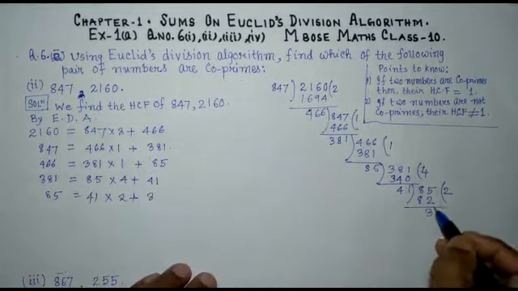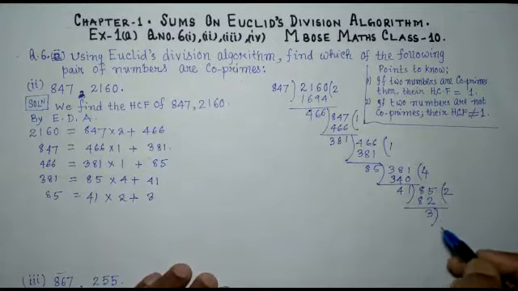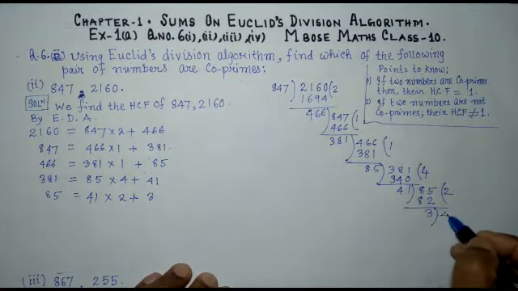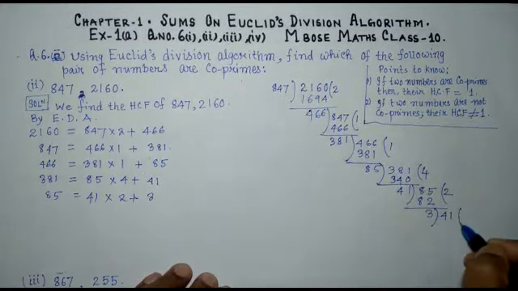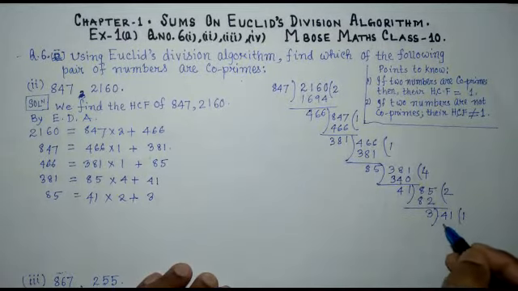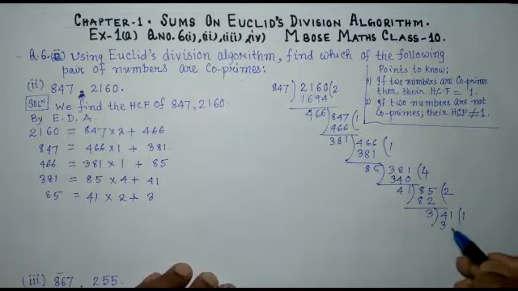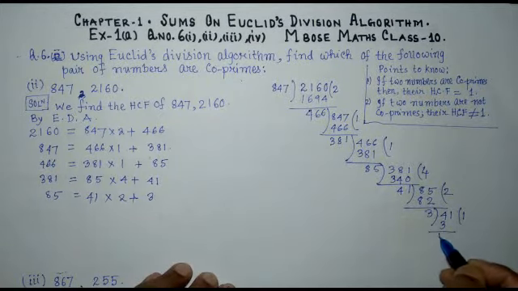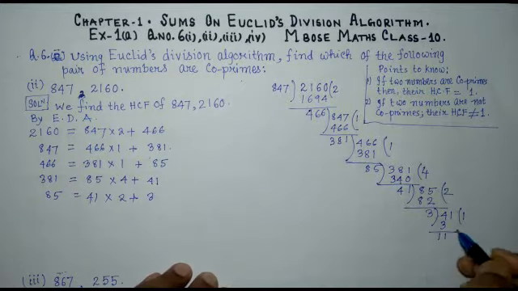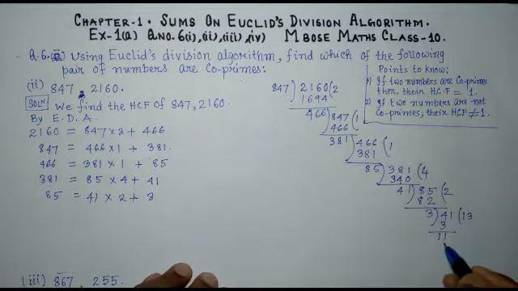And now we will take this 41 and divide it by 3. 3 times 1 is 3, subtracting we get 1 and bring down the 1, 11, so again it will go 3 times, 3 threes are 9, the remainder will be 2.